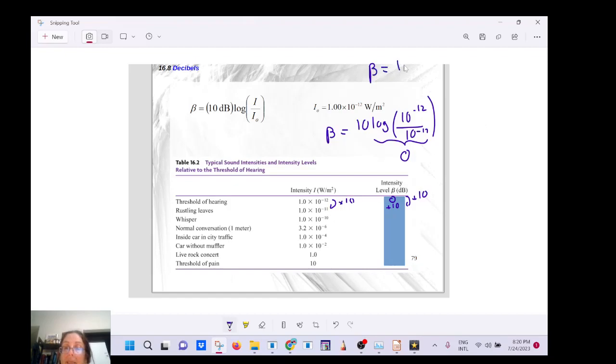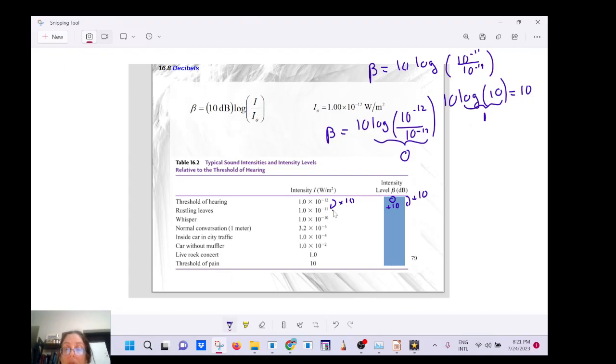Here it's going to be 10 log, and here you have 10 to the negative 11 over 10 to the negative 12. So this will be 10 log of 10. Log of 10 is 1, so that's going to be 10.